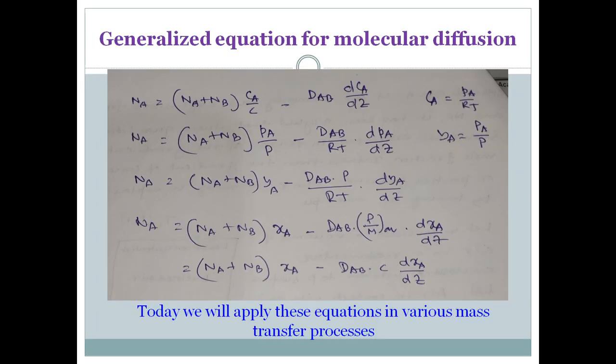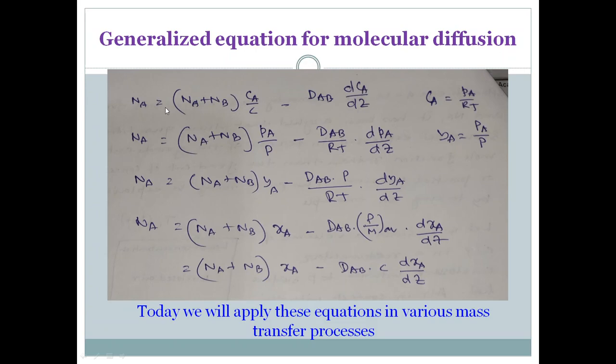So in lecture 5 we have developed the generalized equation for molecular diffusion. What is this one? That is flux NA equal to (NA plus NB) CA by C minus DAB dCA by dZ.